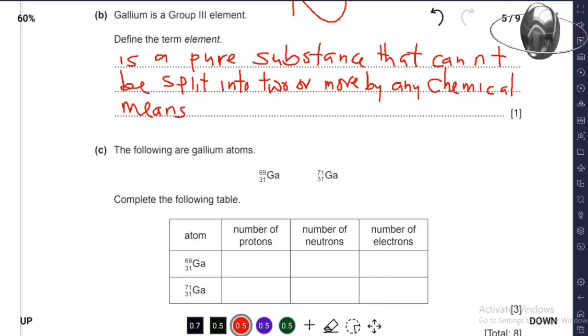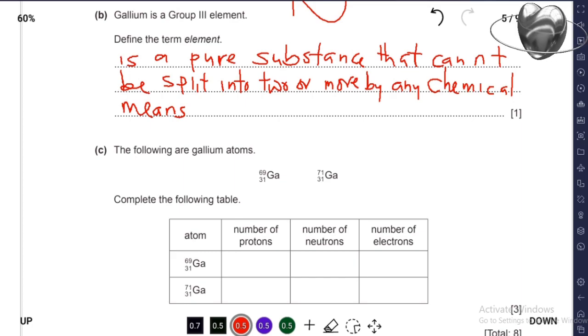Very important. We cannot split an element into two or more by any chemical means. Meaning, we understand that elements contain atoms. Those atoms are unsplittable. We can only transform the reagents from the reactant side to the product side.